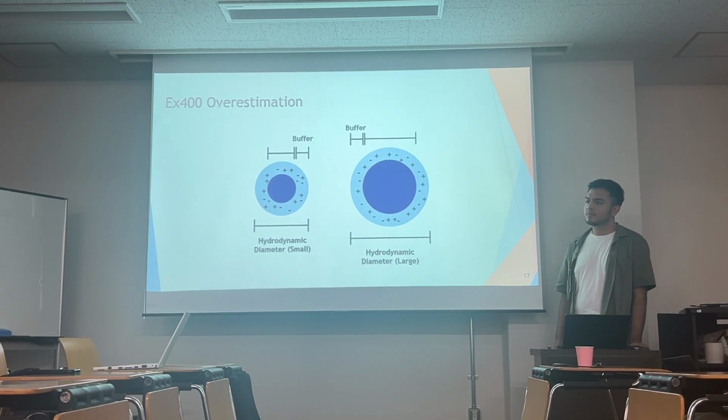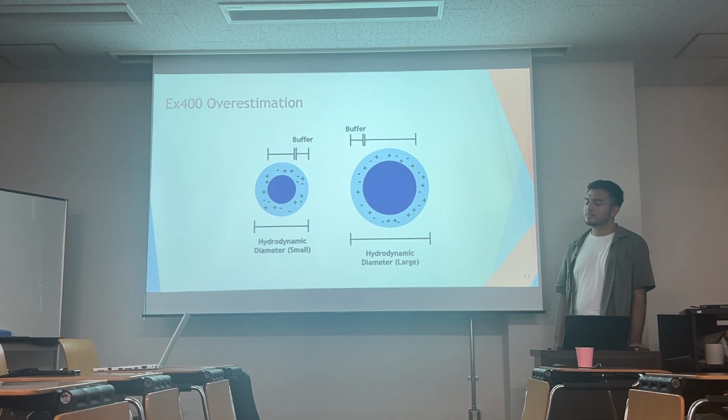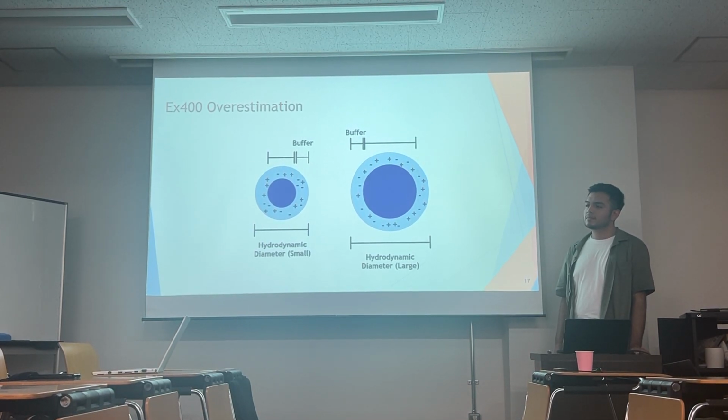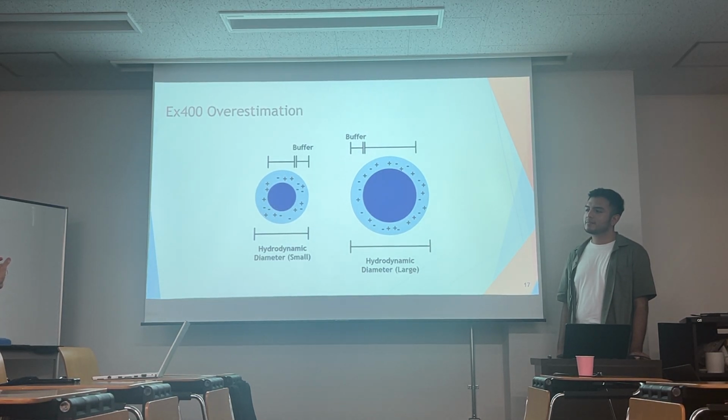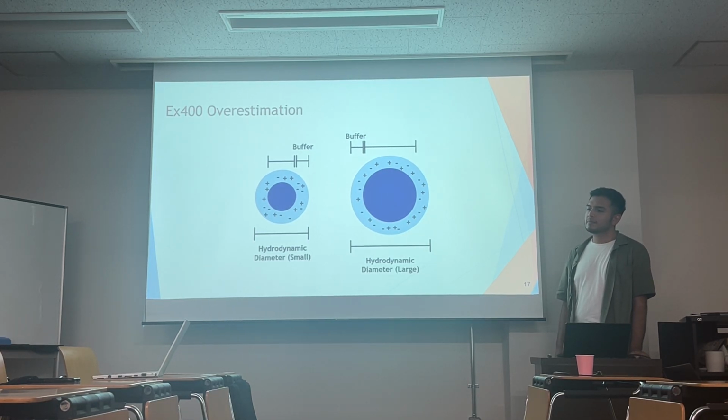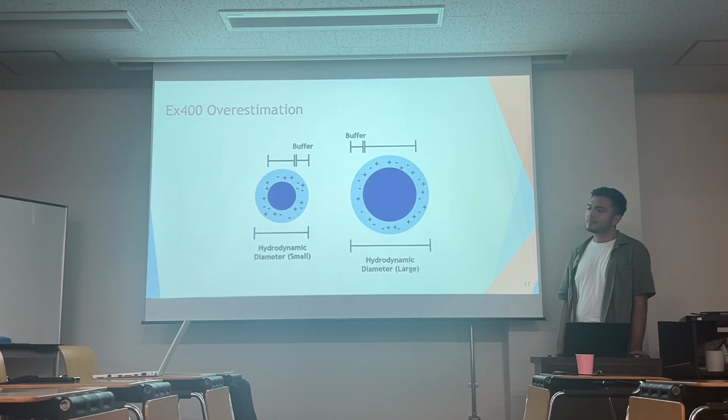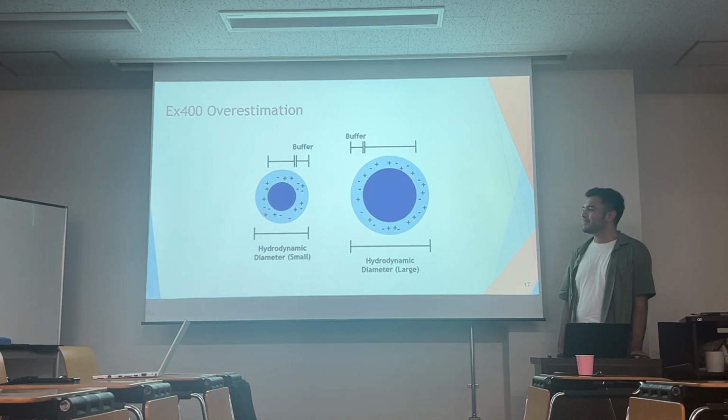And usually the thickness of the Stern layer is less than 1 nanometer or something. So in this case, the difference is about several tens of nanometers. So the explanation is not hard. Yes. Thank you.